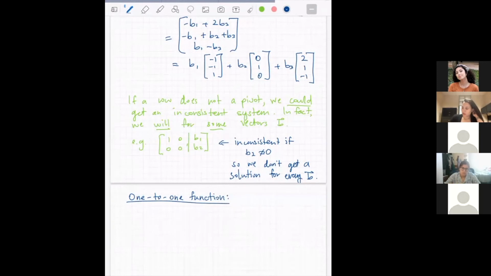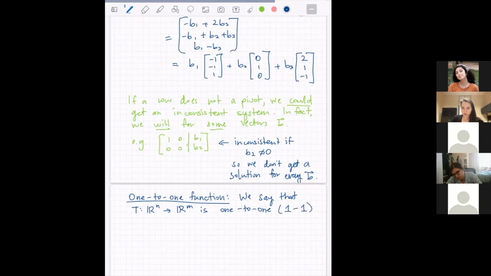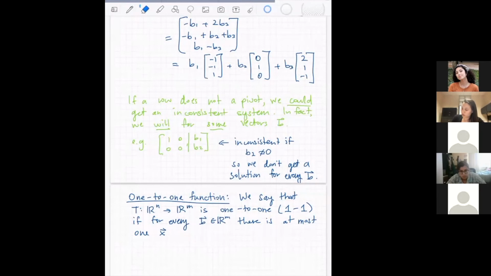Okay, so we say that a function T from Rn to Rm is one-to-one, and you can abbreviate this with a 1-1, just make sure it's clear that those are ones, if for every B in the codomain Rm, there is at most 1 x from the domain, so Rn, such that T of x equals B.